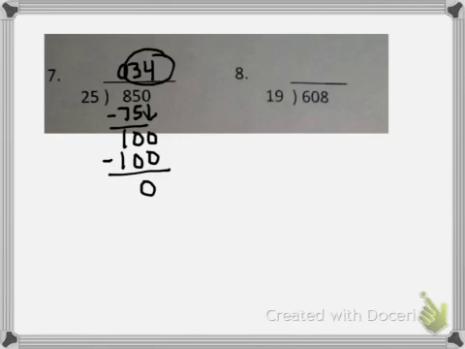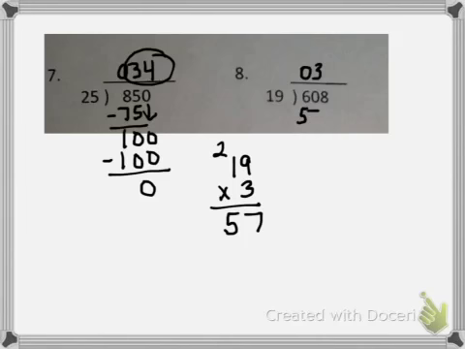Number 8. 19 going into 608. 19 can't go into 6, but I'm guessing it can go into 60 3 times because I know 20 times 3 is 60. So let's see what that product is. 9 times 3 is 27. 3 times 1 is 3, plus 2 is 5. So we're going to say it goes in 3 times.